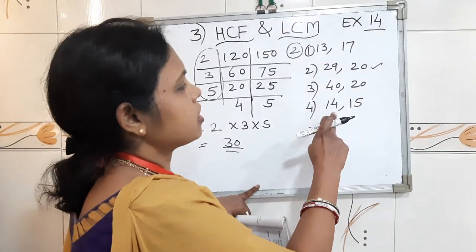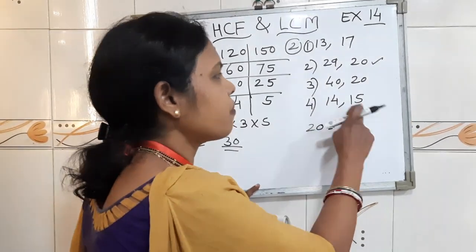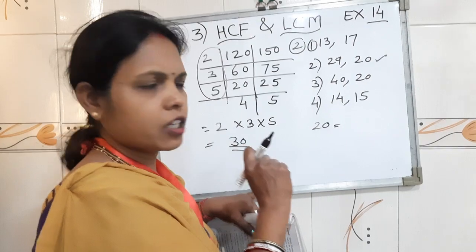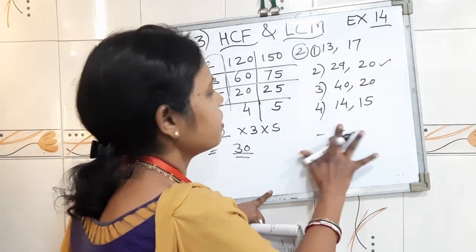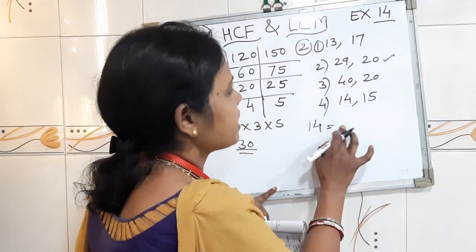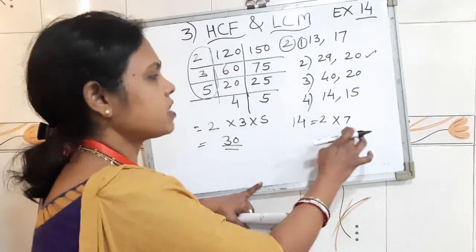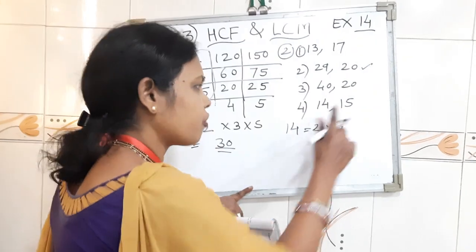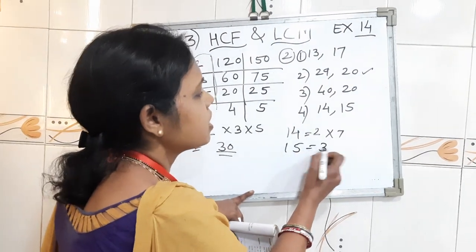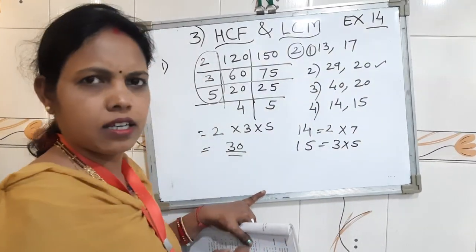Now the next pair is 14 and 15. For 14, the factors are 2 into 7, since 2 sevens are 14. For 15, the factors are 3 into 5.